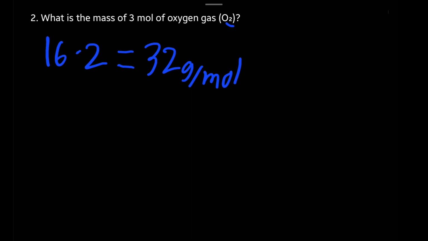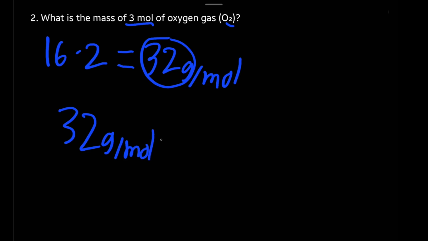Now, sorry, mole, not molecule. Anyways, since we have 3 moles here, and a single mole is 32 grams, we simply multiply them. So we have 32 grams per mole multiplied by 3 moles will end up with 96 grams.